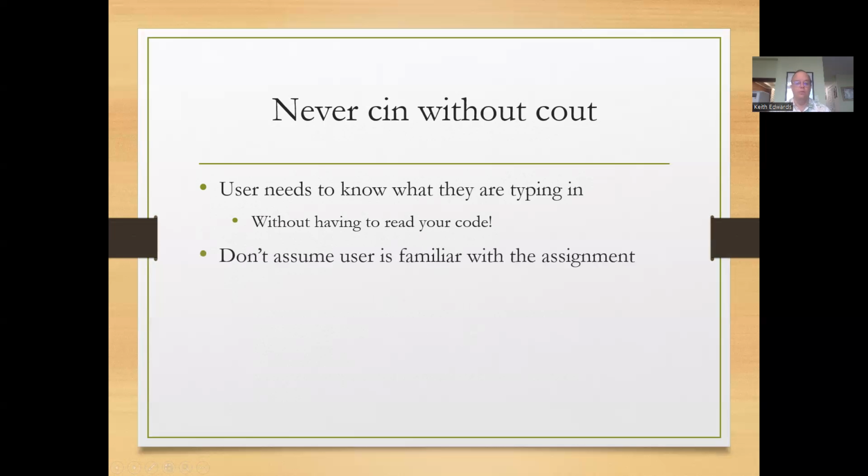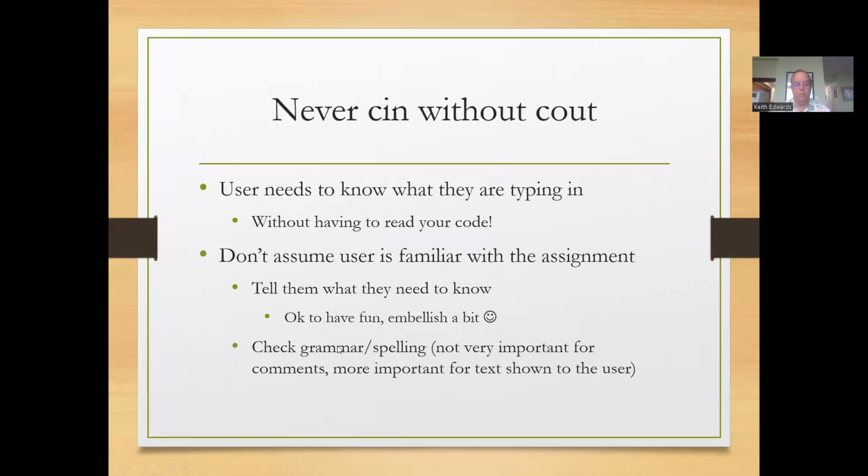And, again, don't assume the user is familiar with the assignment or the program that you're running. Tell them what it is they need to know. And in 150 and 151, you can have a little bit of fun and embellish a bit, but you don't want to get into the habit of being too snarky because it can come back to bite you if you're writing code professionally.